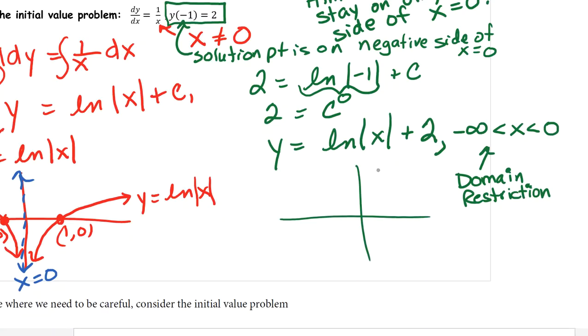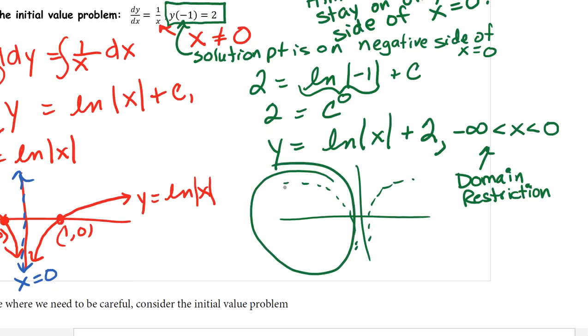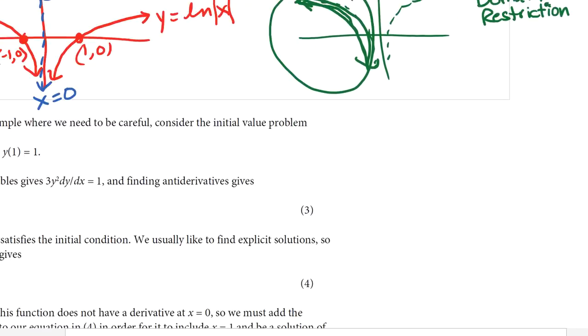So this curve is slid up 2 units, so it would look like 2 branches, but we can't keep a discontinuity, so what we're saying here is we're keeping only this part as our solution. So when you solve a differential equation, you're looking for the largest domain for a continuous function as your solution.